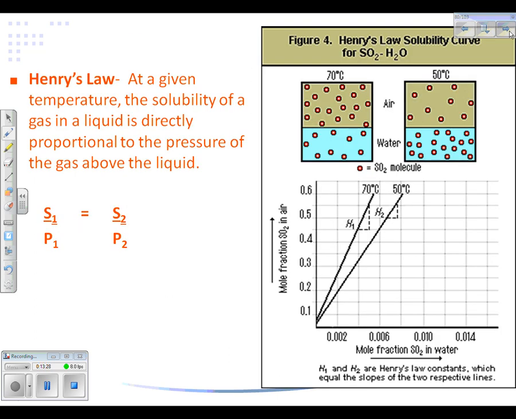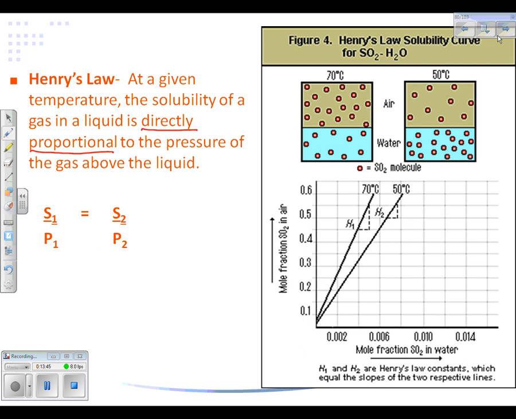Now, Henry's law says that at any given temperature, the solubility of a gas in a liquid is directly proportional to the pressure of the gas above the liquid. So that's really important because it's very much like what we did with gas laws.